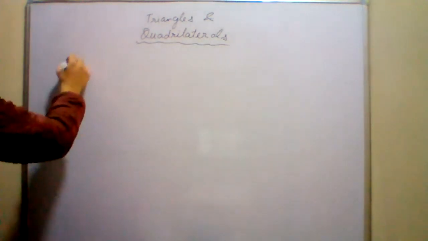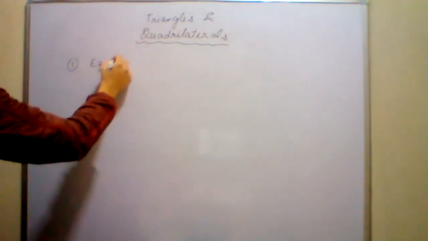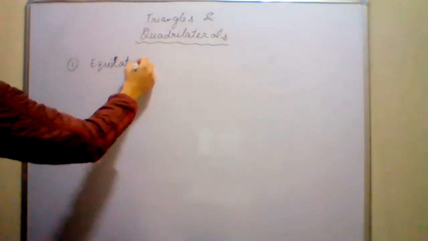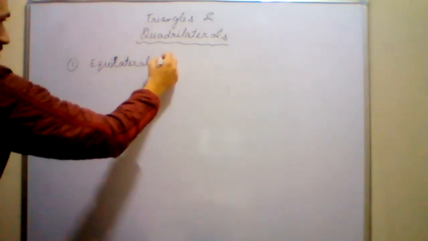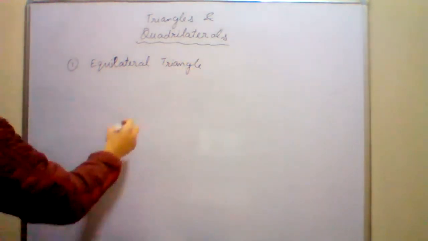So first, in your book, when you see all the triangles, these are types of triangles. First topic, triangles के बारे में पढ़ेंगे. All the types of triangles we are studying. First is equilateral triangle. What is an equilateral triangle?